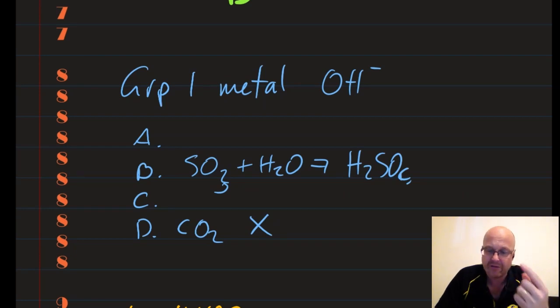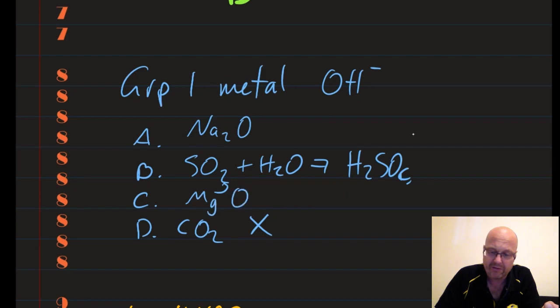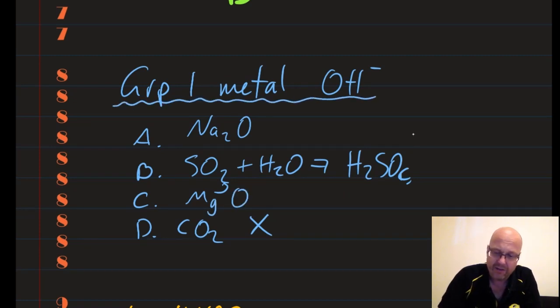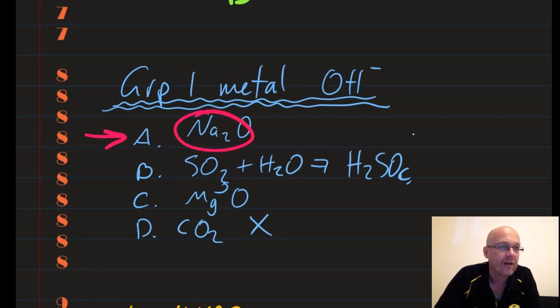We want the highest pH. And so you're left with sodium oxide or magnesium oxide. Well, going back to the fact that group 1 hydroxides have the highest pHs, I bet it's A. That looks the closest to me. So 8A. Nice.